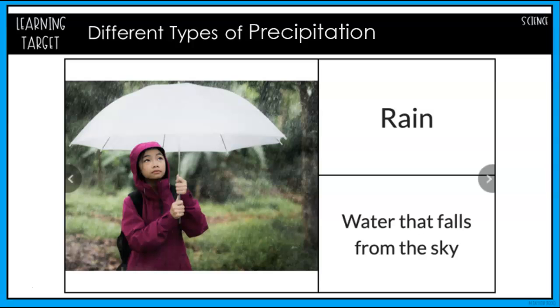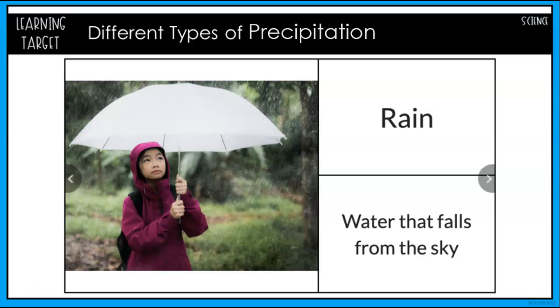So let's just take a minute and look at the picture. And what do we see in the picture? What stands out? You might be thinking that the little girl is holding an umbrella. That's correct. What else do you see? What else do you notice is happening in the picture?